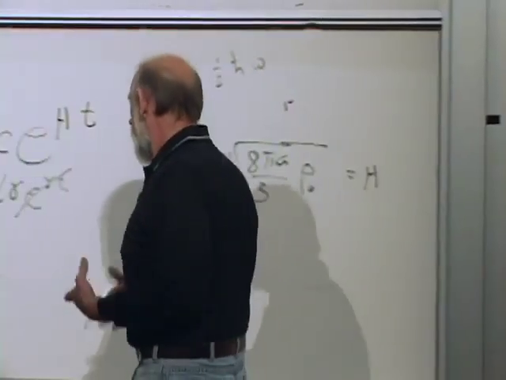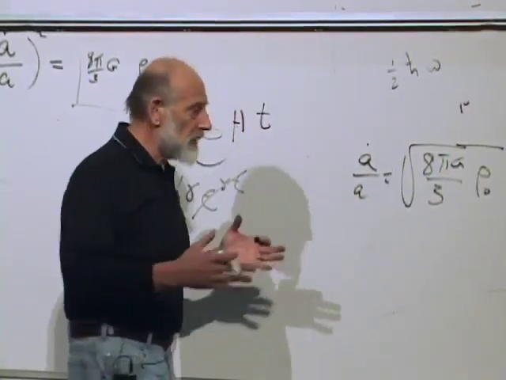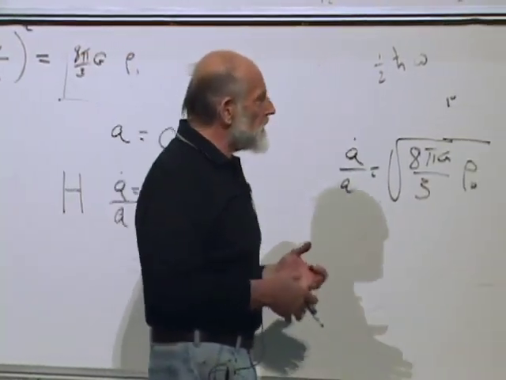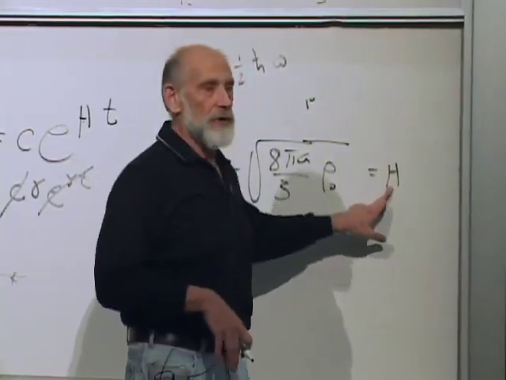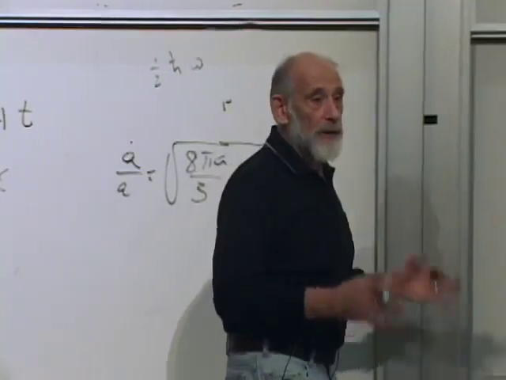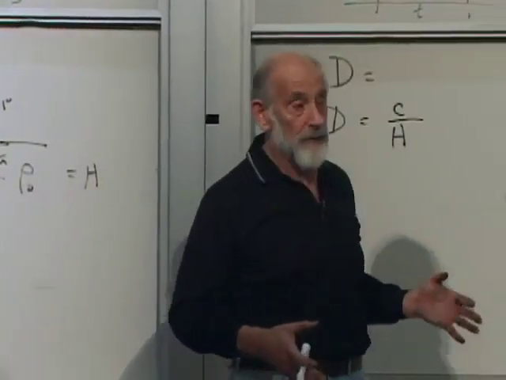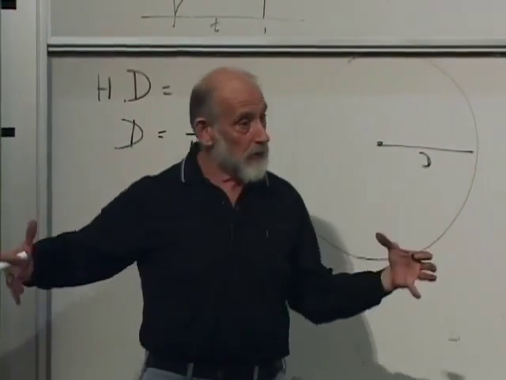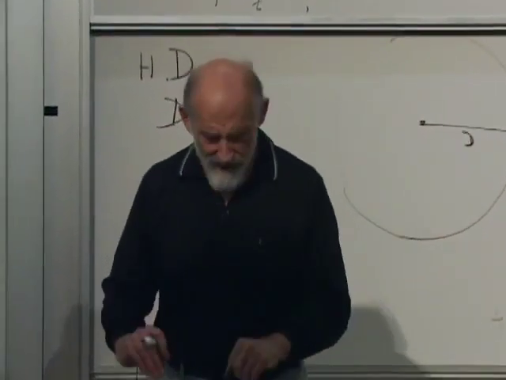It's the time constant for the universe to double in size. And that is the inverse of this H, and it's about 10 billion years. So every 10 billion years, we can expect the universe will double in size, roughly speaking. That's an approximation.